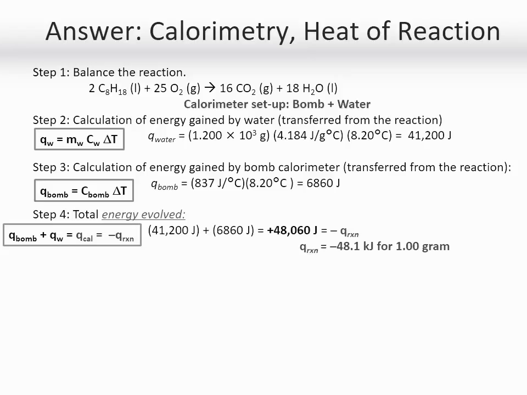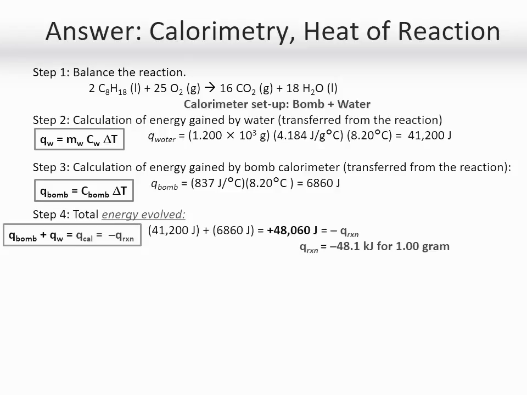Working out the signs, we end up having that the Q of the reaction is minus 48.1 kilojoules for each gram of substance, according to the data from this problem. And remember, the sign makes sense because it is a combustion problem. In this combustion problem, energy is given off, so it has to have a negative sign.